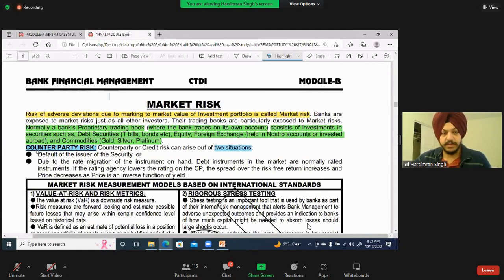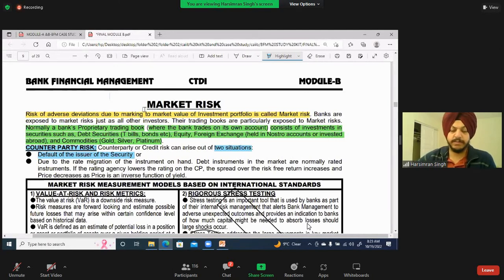So the counterparty risk has 2 situations. One, default of the issuer of security: the company Tata Motors, which has issued the bonds, defaults on interest payment or principal amount. Second, as I told you in credit risk, rating downgrade or credit spread risk. The same thing happens here. Now the rating of Tata Motors is downgraded from BBB to default.